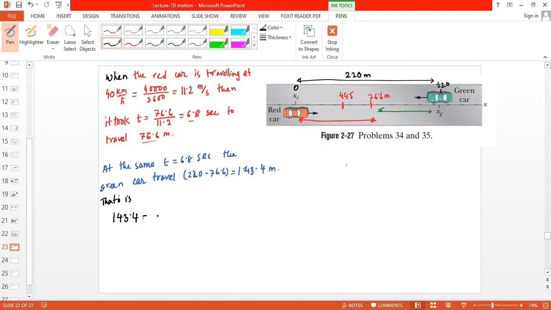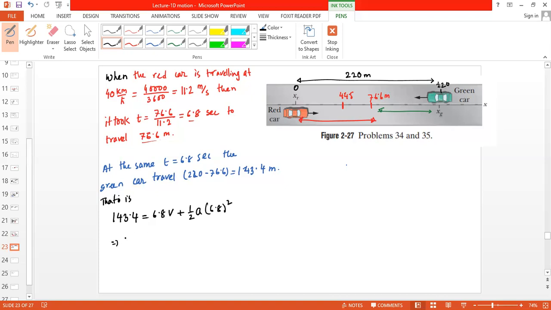143.4 meters is equal to, if I say, ut, u I don't know what is u, t is 6.8, so ut plus 1/2 at square, where t is 6.8 whole square.